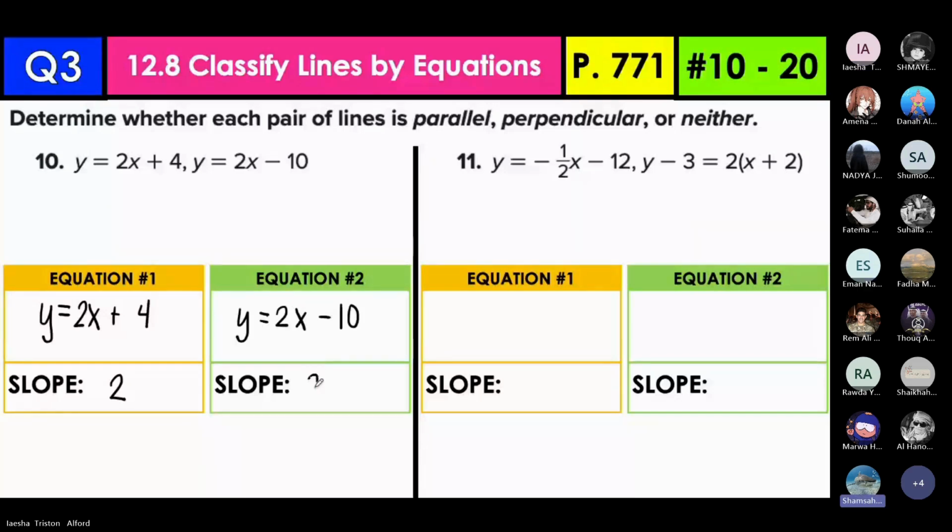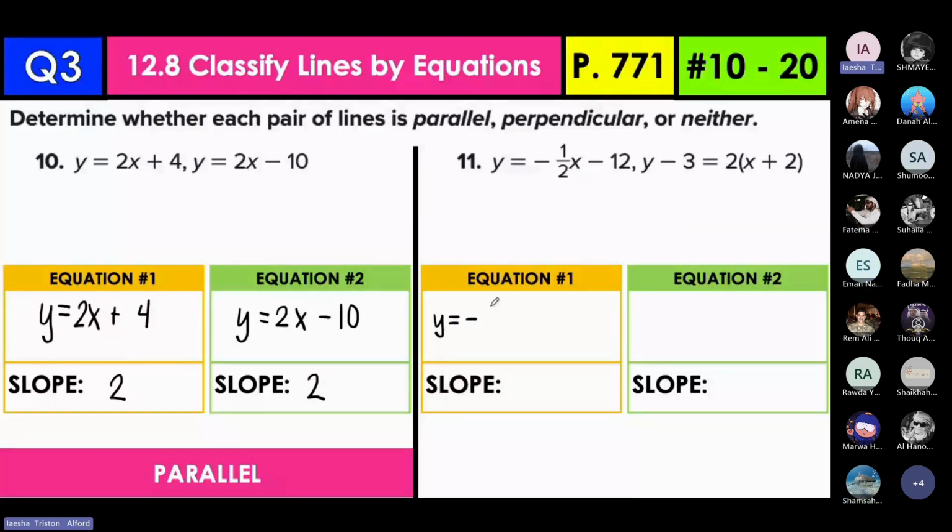Next, 2x subtract 12. Y subtract 3 equal 2 multiply x plus 2. What is your slope for the first equation?